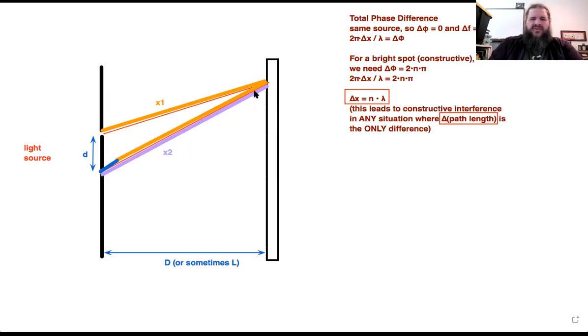But we can write x2 as x1 plus a little bit extra. That little bit extra is the delta x we care about. So that's what we're actually trying to find. If we can figure out a way to algebraically express delta x in terms of everything else, then we can set that equal to n lambda to find any bright spots. Any questions on that so far?